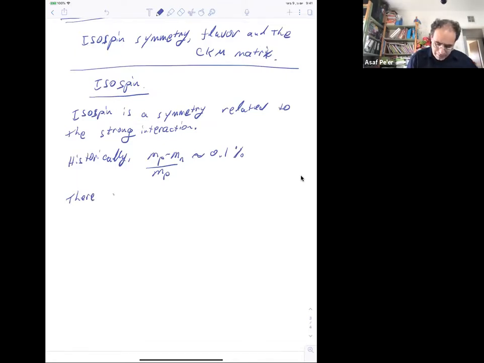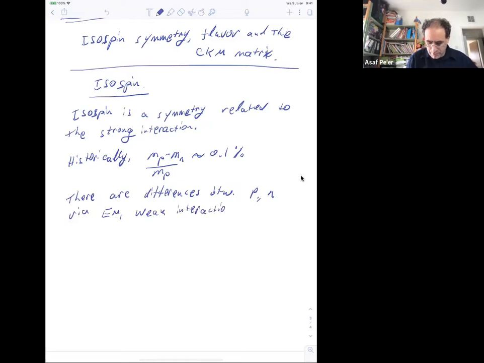So there are differences between proton and neutron via EM and weak interactions, but not, or nearly not, strong interactions.